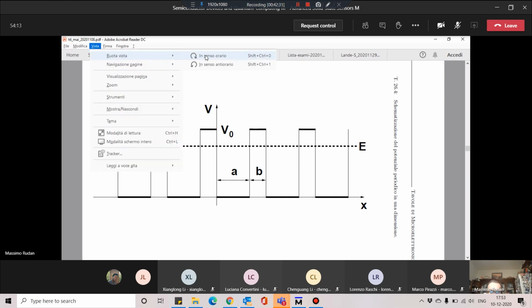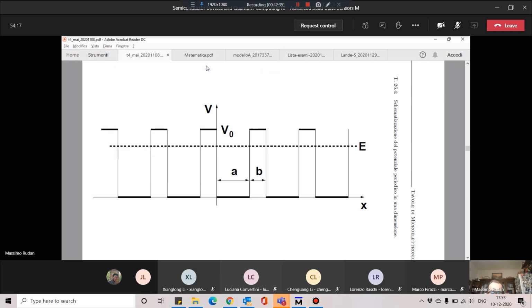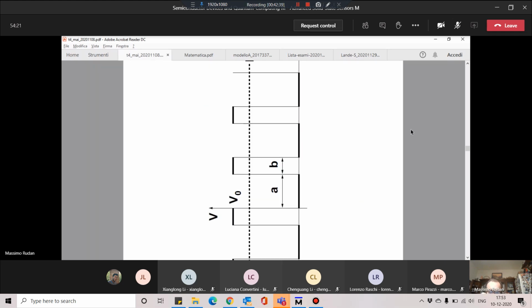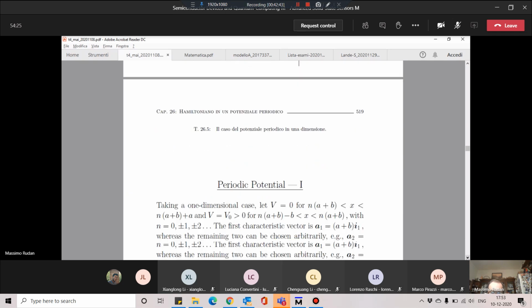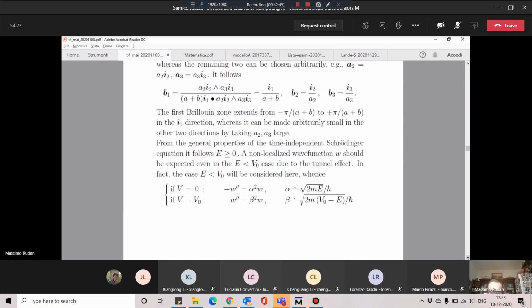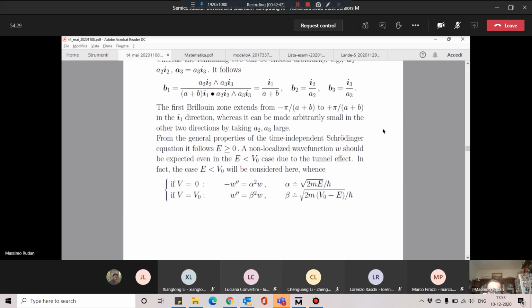But what are the other parameters involved in this calculation? Some parameters are given because, for instance, A and B are given because they belong to the structure, so we know A and B, okay?